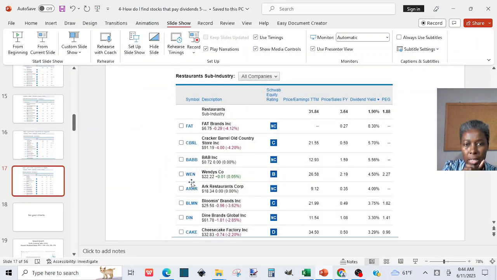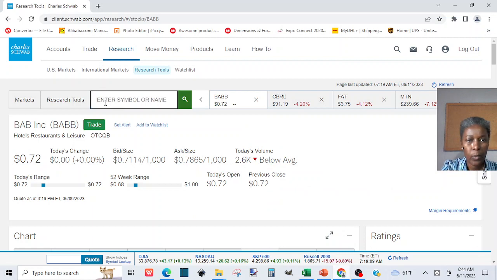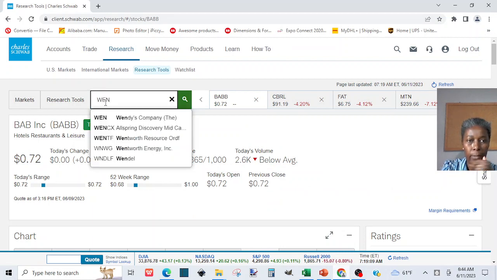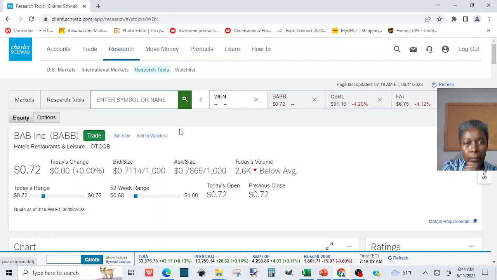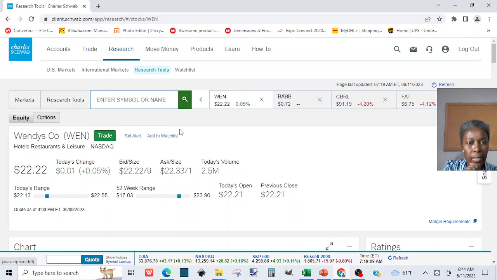The next one is WEN for Wendy's, and that's a fast food restaurant. And it is on the high right now. It's not the right time to buy, if that's a good company.